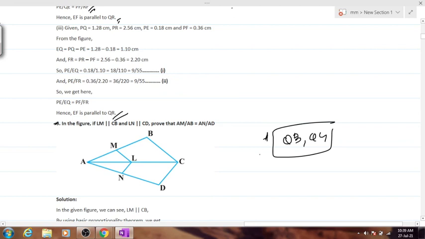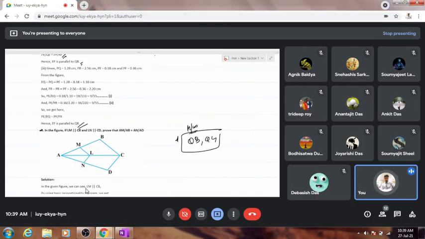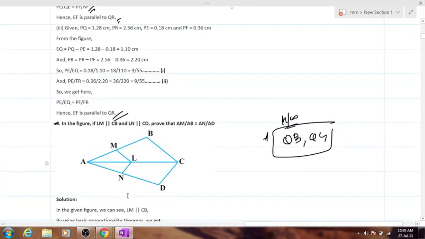Now tell me one thing, how many have totally understood converse of BPT and basic proportionality theorem? Is there anyone in the class who has a problem in converse of BPT and basic proportionality theorem? Anyone?